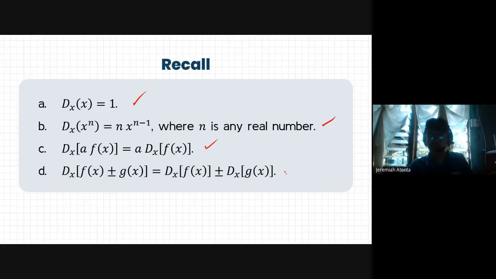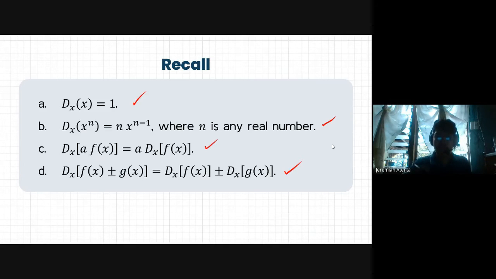Okay, that is according to the sum or difference rule. Okay, take note that antiderivative is just the reverse process of derivative. Therefore, from these rules on differentiation, we can make rules for integration. Okay, so i-correspond lang natin yung mga theorems on integration from these rules.